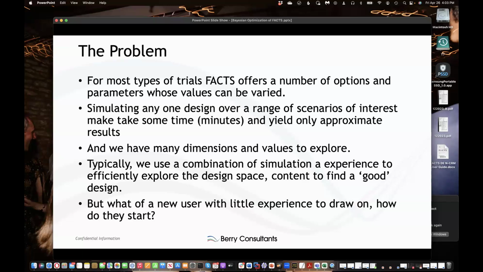And of course, it will only yield slightly approximate estimates of the operating characteristics because of the stochastic nature of simulation. And we've potentially got quite a number of different dimensions and values we would want to explore in trying to optimize our trial design.